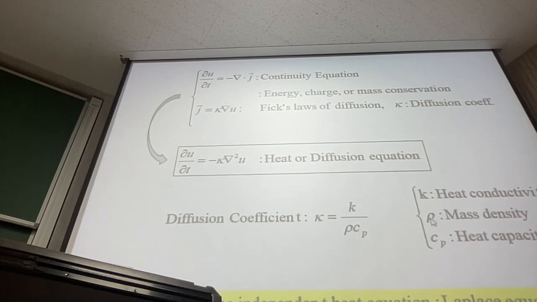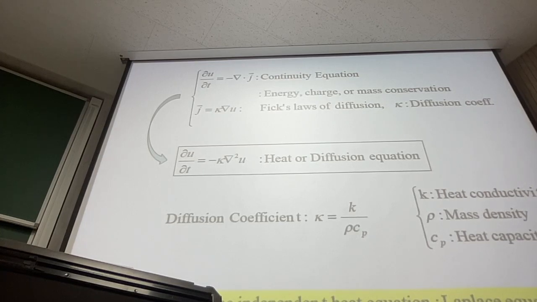So the whole equation becomes like this: the time derivative of U is minus K del square of U.